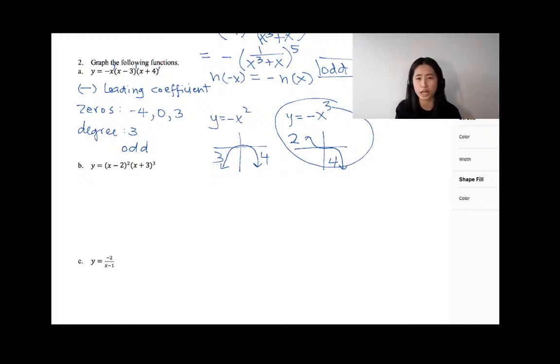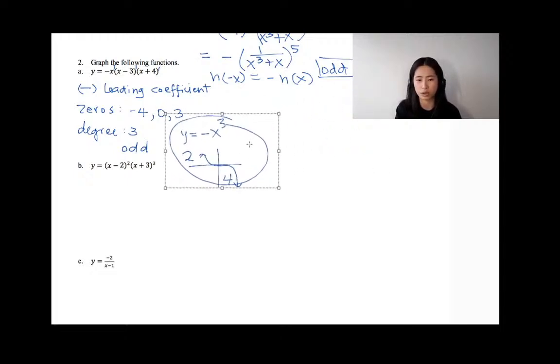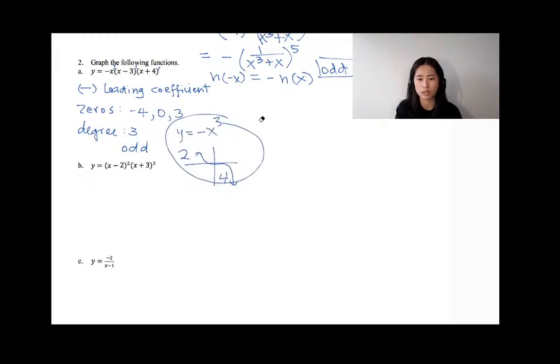So these are what you call templates that I like to tell my students to remember during the test. So you have an idea of where you're going to start drawing the graph, because otherwise it's just going to be overwhelming.